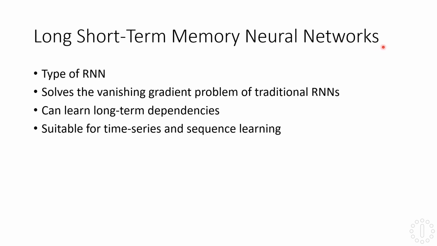Long short-term memory neural networks, or LSTM neural networks, are a type of recurrent neural network which solves the vanishing gradient problem that traditional recurrent neural networks have.